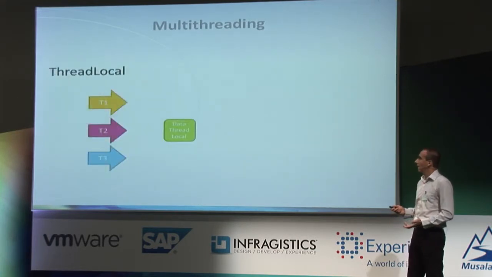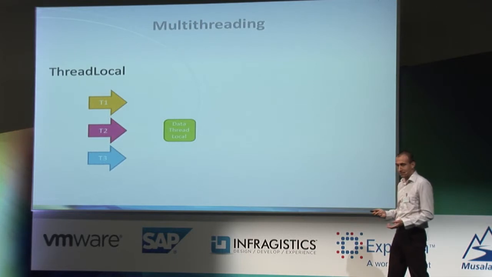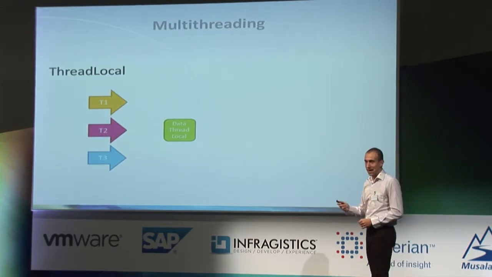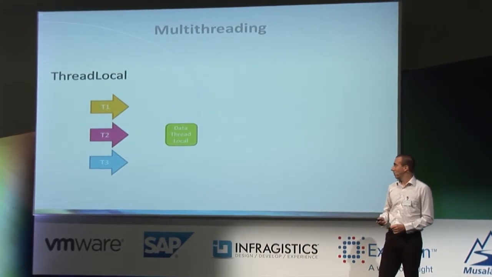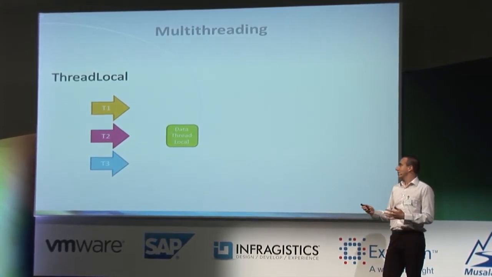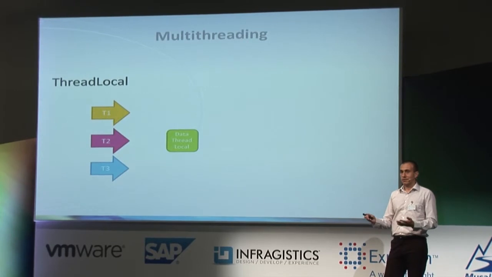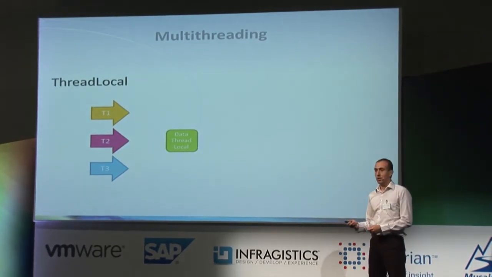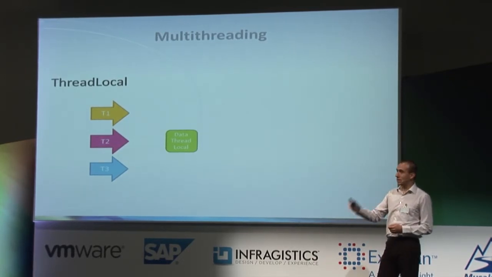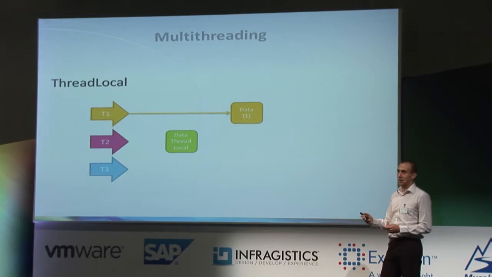How did we do this? We used a very useful API existing in Java. It's called ThreadLocal. It makes all the threads still use a single object, the thread local object, but in the background, when they call it, they receive their own copy of the data.